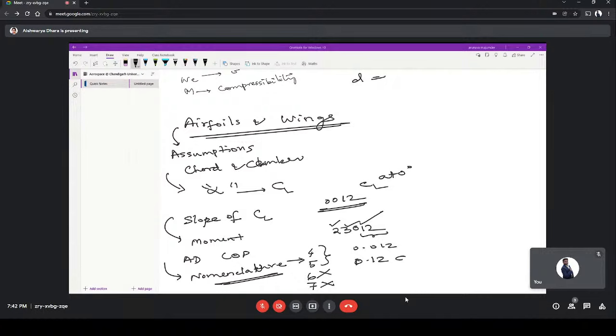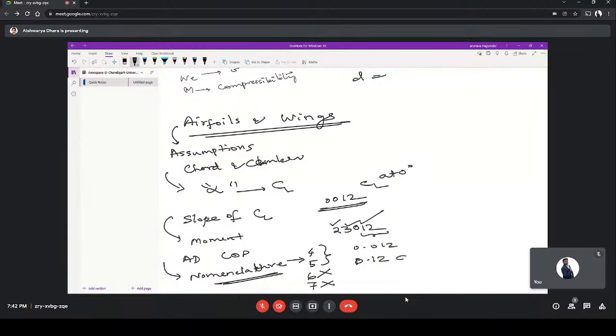Without wasting much time, we carry forward. Obviously at zero angle of attack, as it's a symmetric airfoil, it is going to be zero.